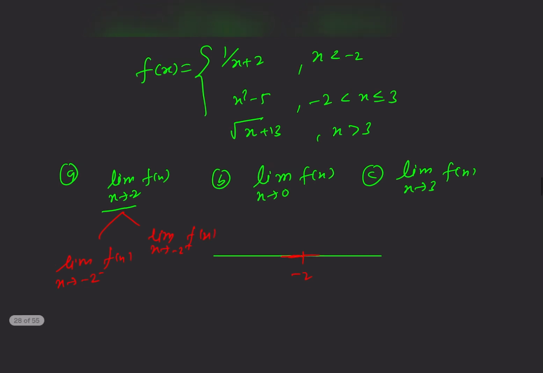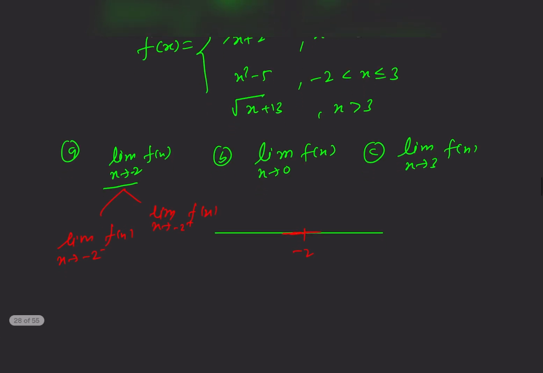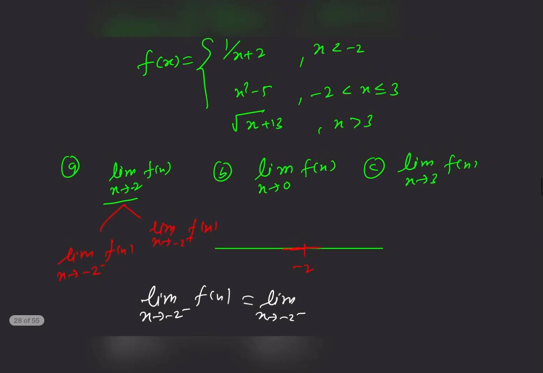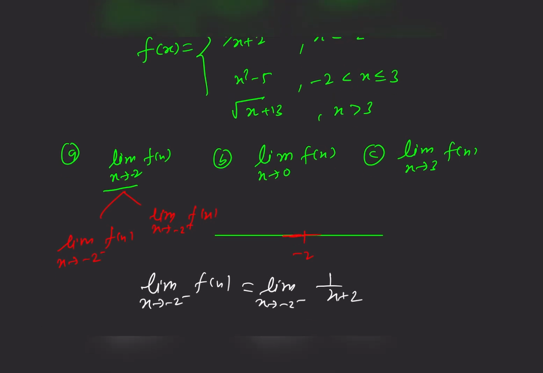So you can see that when x is less than minus 2, we have this function. But when x is greater than minus 2, then we have this function, right? So basically when we have limit as x goes to minus 2 minus of f of x, then we have to consider limit as x goes to minus 2 minus of 1 over x plus 2.